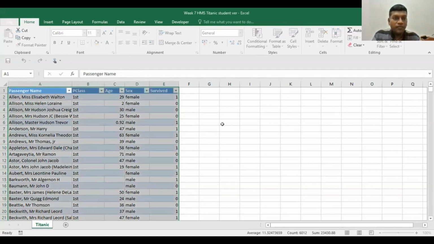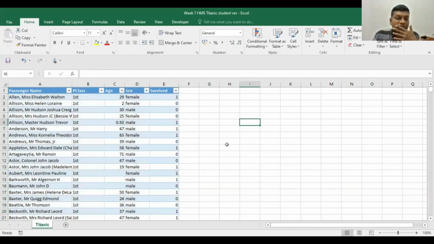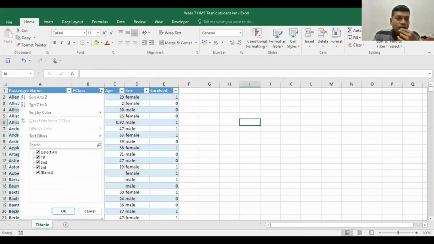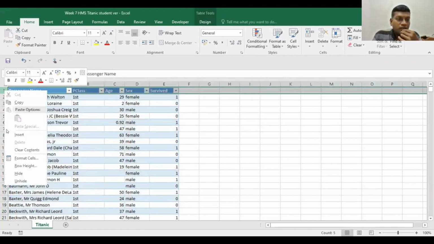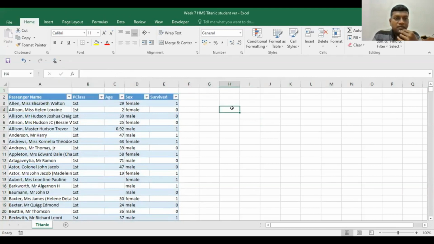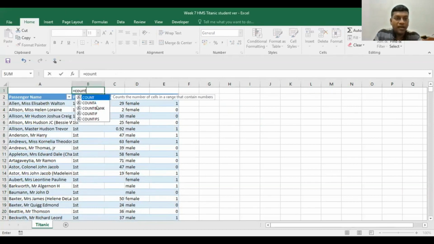Let me try to see the blanks. Okay, let's do one thing. I'm inserting a formula and trying to count the blanks. Count blank.